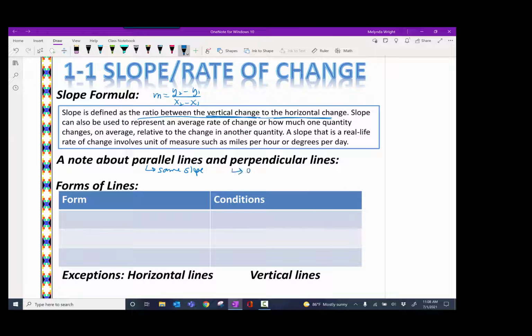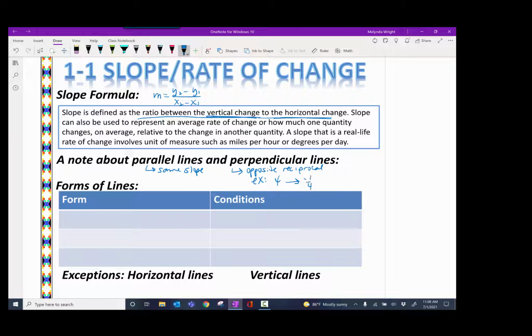So for example, an opposite reciprocal, let's say the slope is 4. The opposite reciprocal of 4 would be negative 1/4. So that's just an example of opposite reciprocal. All right, let's talk about the different forms of lines now. So standard form would be ax plus by equals c.